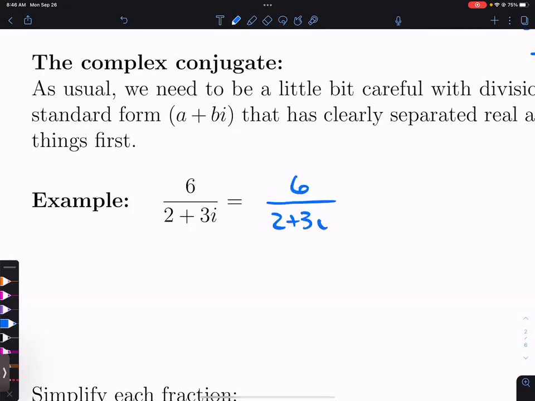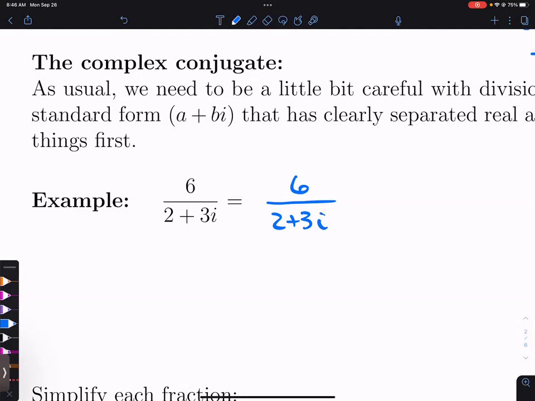So the way we do this is, instead of dividing by a complex number, we say, what I would really like is not to have to divide by that complex number, but I know how to divide by a real number. I know how to divide by 4. That just means I split everything up equally with myself and 3 friends.